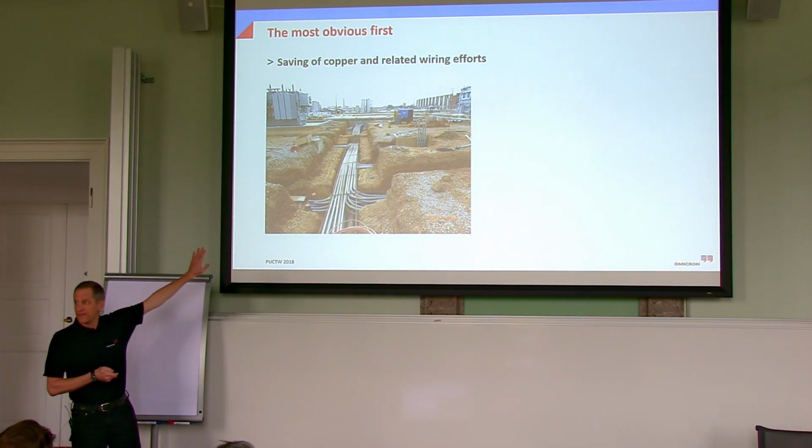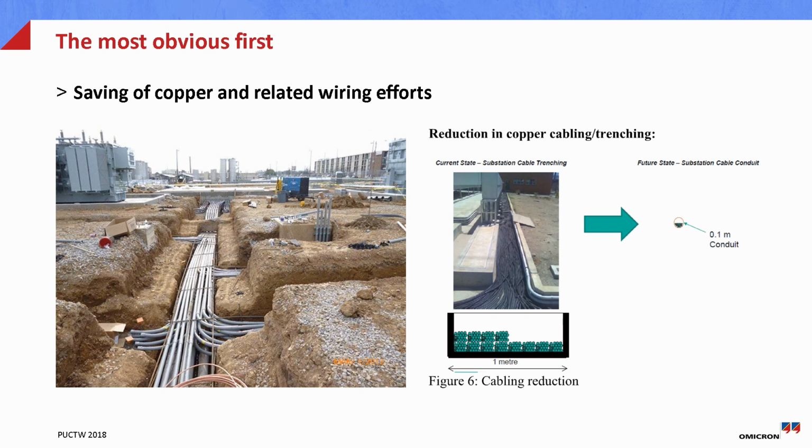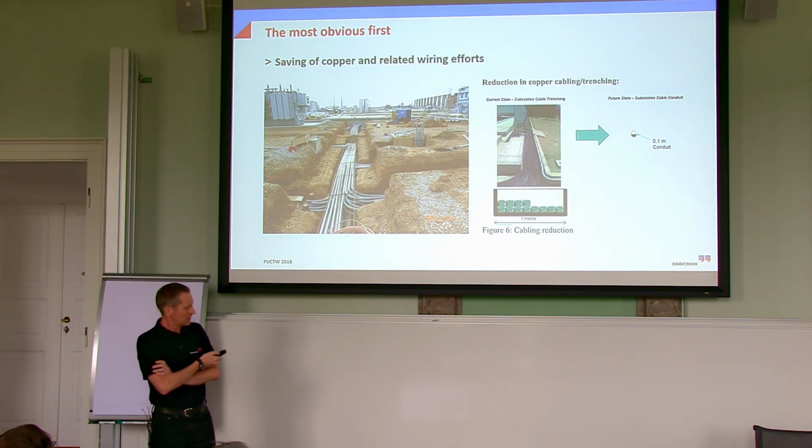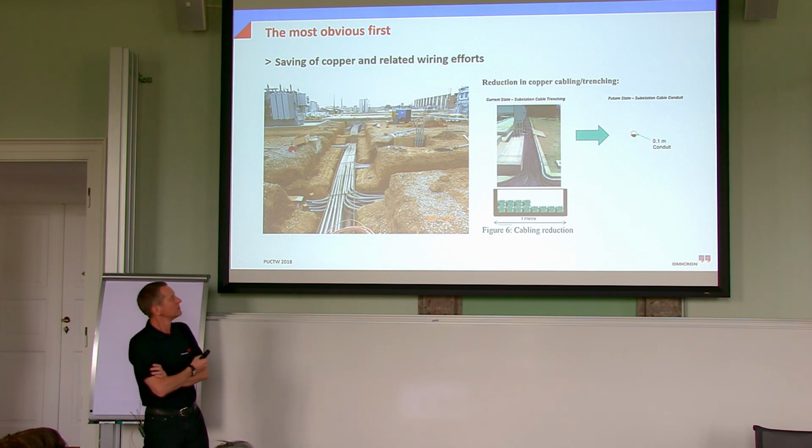Okay, this is how it looks when it is nicely done. And here we have an example of a presentation, I will come back later on, where somebody who really looked into that made a picture of how he sees the saving from going from cable trenches like this to a couple of optical fibers that he can just put into one tube.